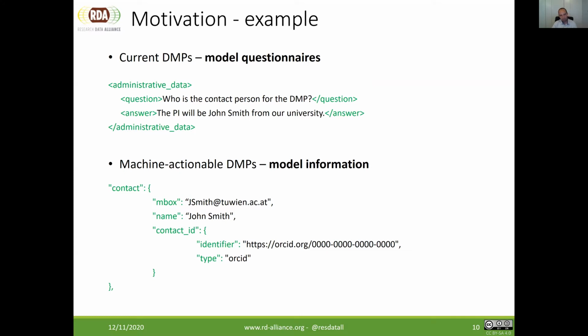So machine-actionable DMPs break down information and model information, not questionnaires, and also make sure that information is very specific, and they reuse existing standards defined for other purposes. They also require using persistent identifiers when necessary and when possible.